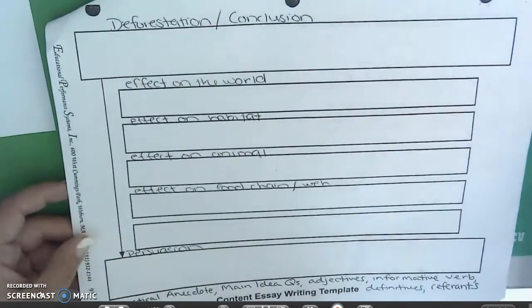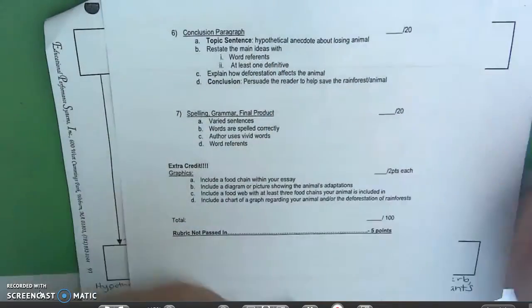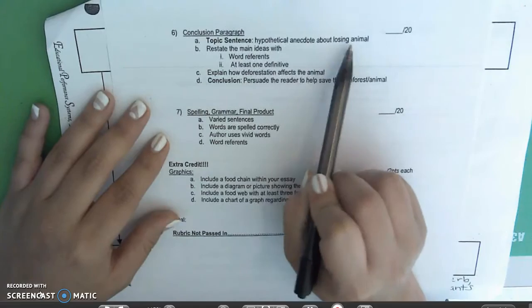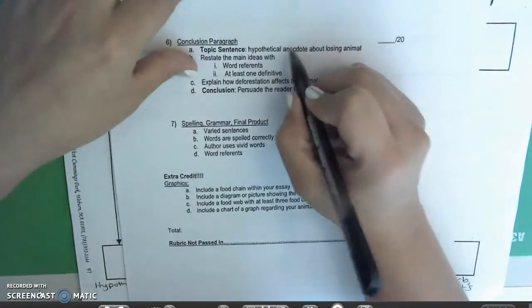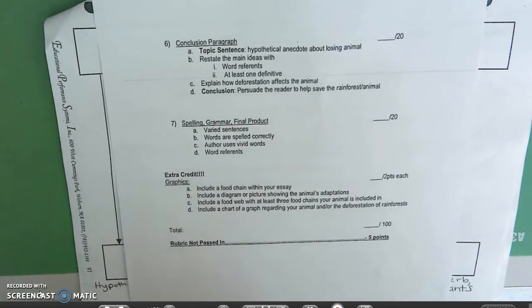So for our conclusion paragraph, we are going to start off by looking at what it needs to have. So our topic sentence needs to have a hypothetical anecdote about losing an animal. So remember, an anecdote is kind of like a story or a narrative. And hypothetical means it may not happen.